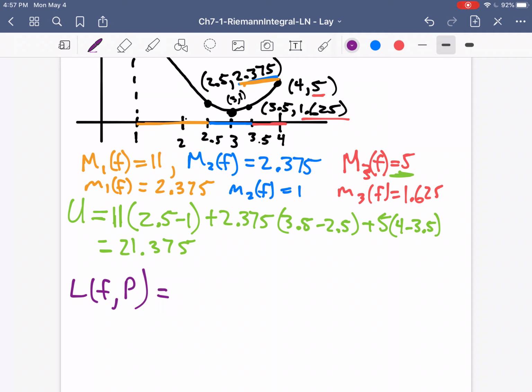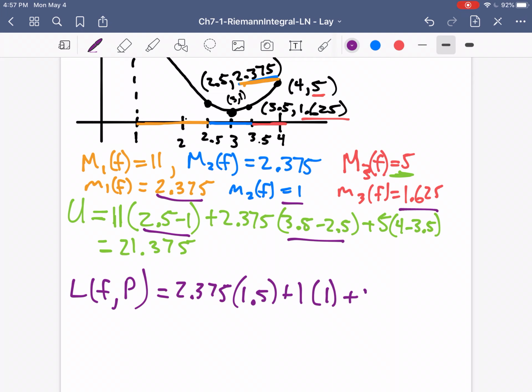This lower sum is going to be equal to 2.375 times this width, so in the interest of space, I'm just going to write that as 1.5, plus 1 times this width, which is also 1, plus 1.625 times this width, which is 0.5.